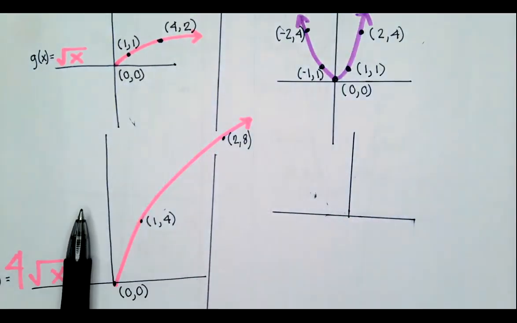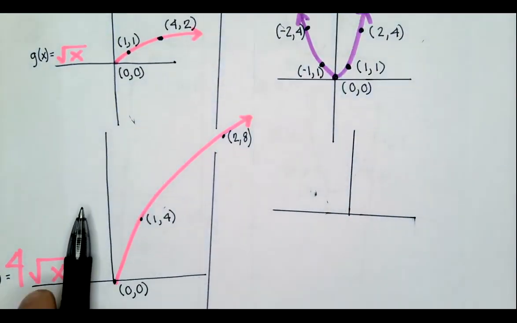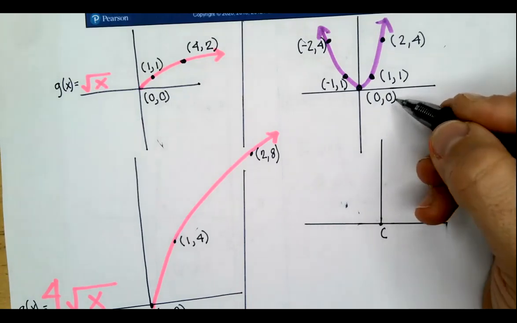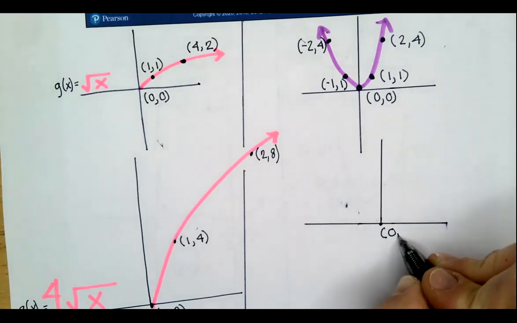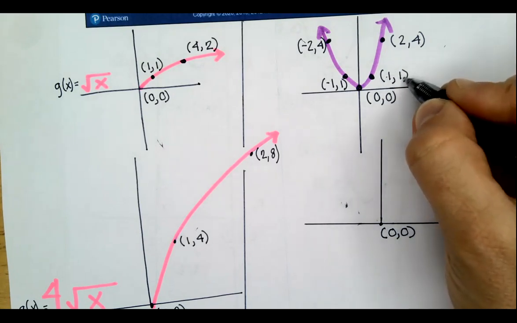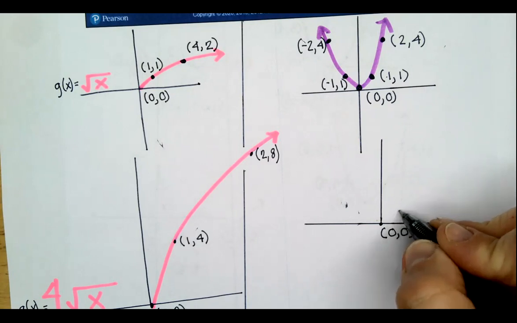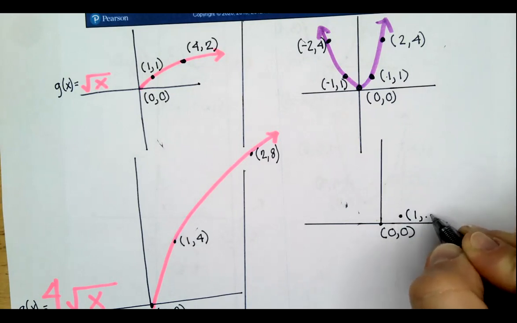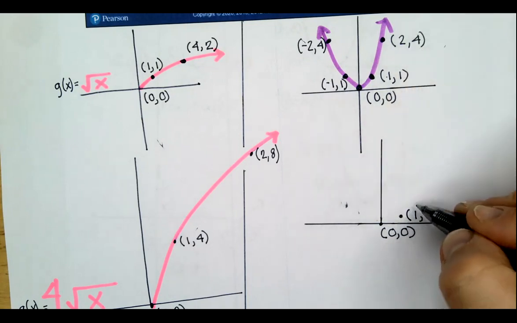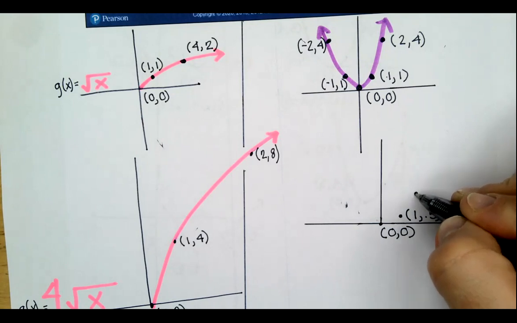Okay, so my x values stay the same. So that's still going to be 0. And then we're going to take that y value and cut it in half. So 0, and then 0 divided by 2 is still 0. 1 comma, instead of 1, it's going to be 1/2. So we cut it in half. 1, 1/2. 2, what's half of 4? 2. 2, 2.